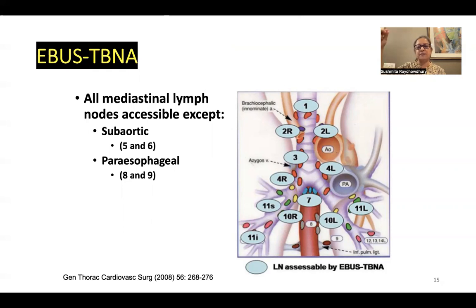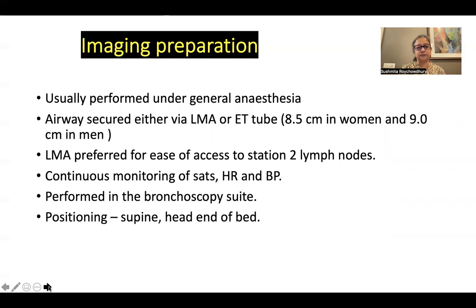But if you take the same endobronchial ultrasound and put it through the esophagus, you can look at the subaortic and paraesophageal nodes. Except for those, all the lymph nodes, the paratracheals, the subcarinals, the interbronchials, the hilar lymph nodes, you get them all through EBUS. It is usually performed under general anesthesia or conscious sedation, and the airway is secured.